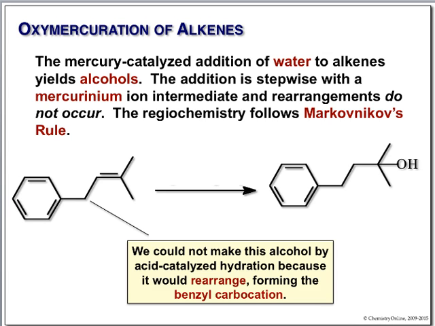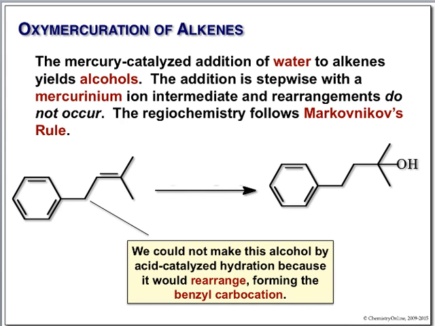If we started off with this alkene and we dumped in acid and water, we would initially form a carbocation out here, but it would rearrange, just like we saw, until it was at the benzyl position. It would be a messy reaction, and you would not get the desired product. So what you have to do here is, instead of using acid and water, do this with mercury 2 acetate.